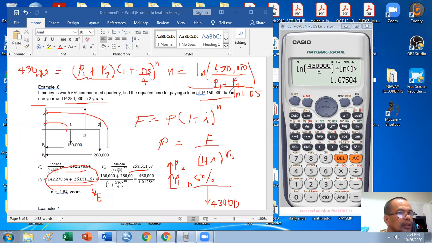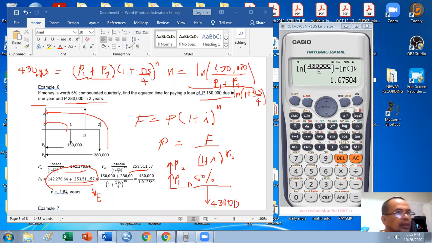Ito, may mali ako dito. So this should be ln of not 1.05, it should be 1 plus 0.05 over 4. Rate over 4 pala.